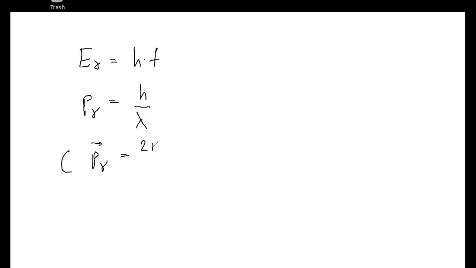So I'm going to multiply it by 2 pi and divide it by 2 pi. And 2 pi over lambda I replace with vector k. What I have left is h over 2 pi. So this would be another way to write down the momentum for the photon.